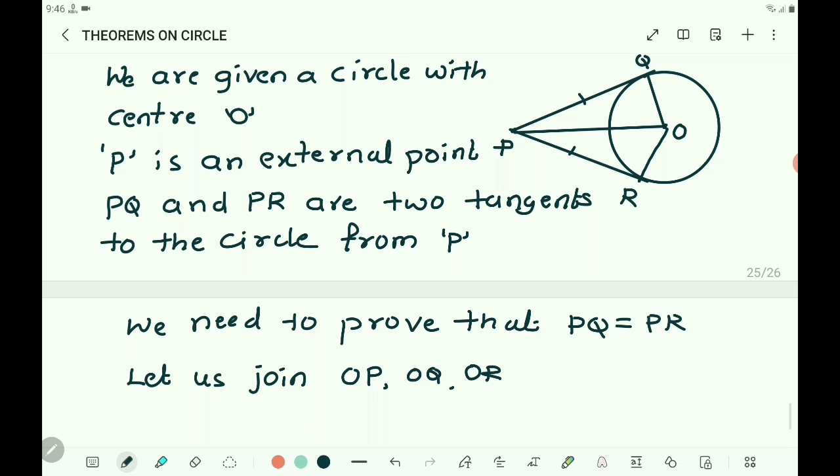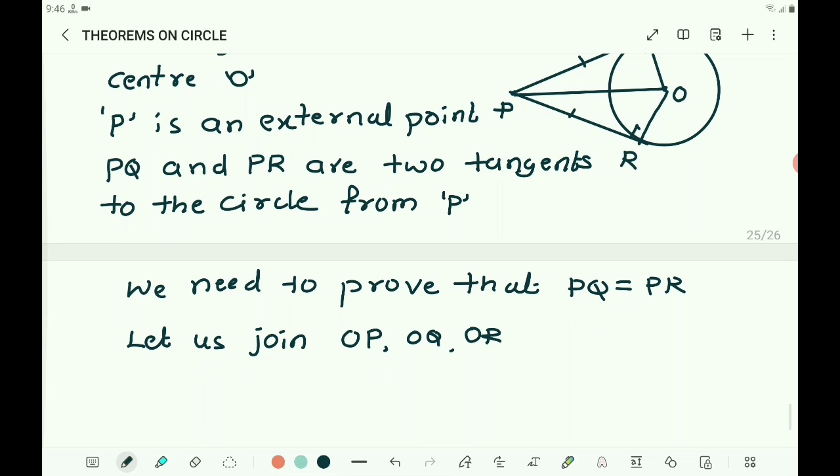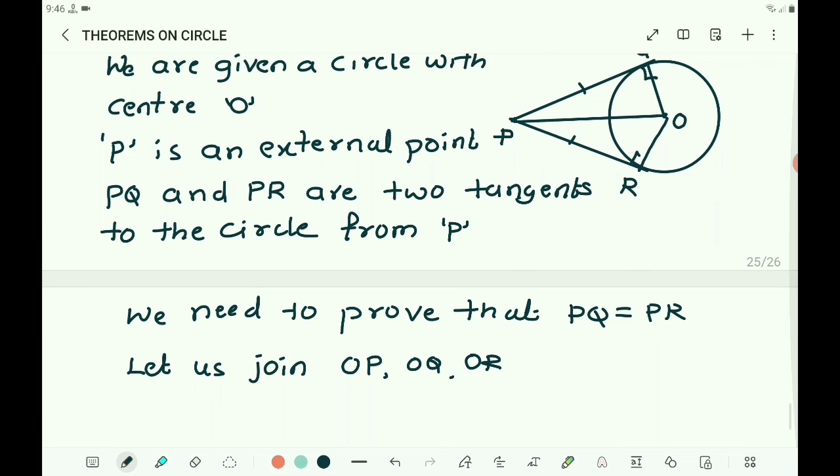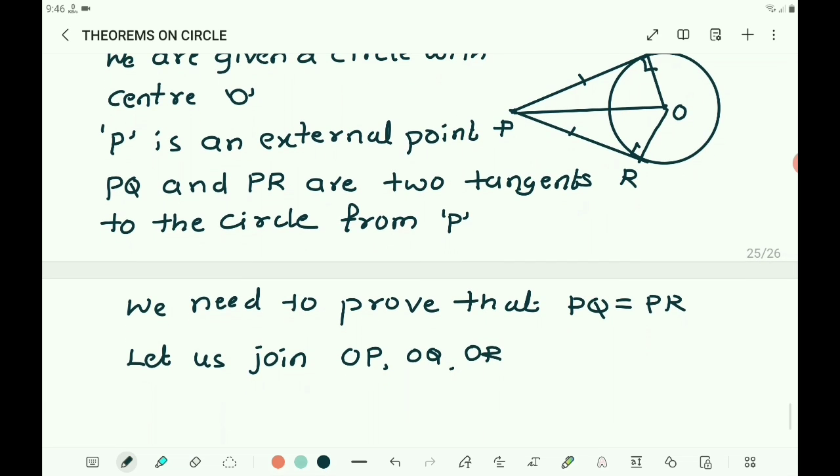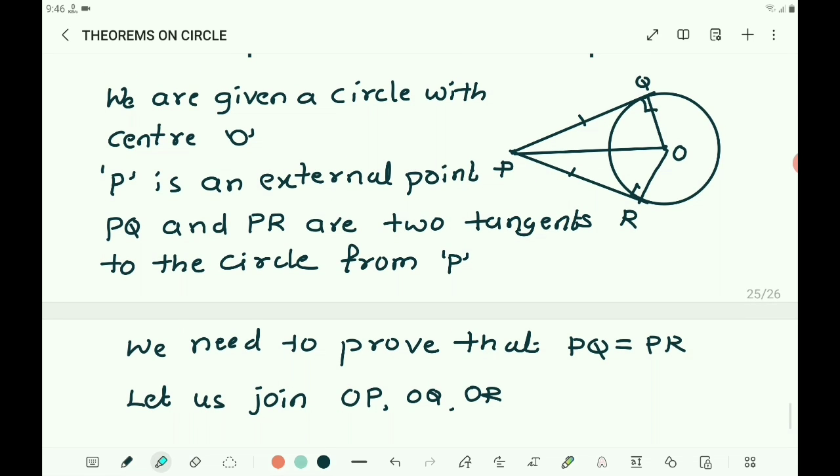Here you know that OQ is perpendicular to PQ and OR is perpendicular to PR according to the previous theorem. According to theorem 10.1, angle OQP and angle ORP are right angles.